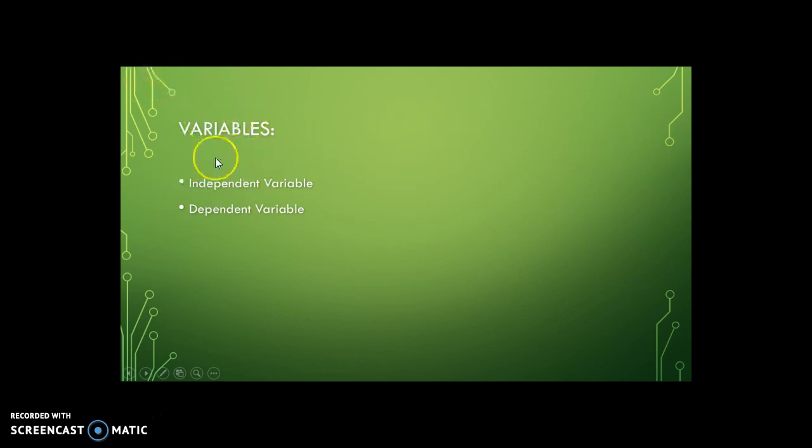So what I want to talk about now are independent and dependent variables. That's just another name for domain and range and x and y values. Your job is going to be to pick these out of a story problem. Okay, so an independent variable is just a variable that determines the output. It's essentially the x value. You plug it into the equation. It determines the dependent variable.